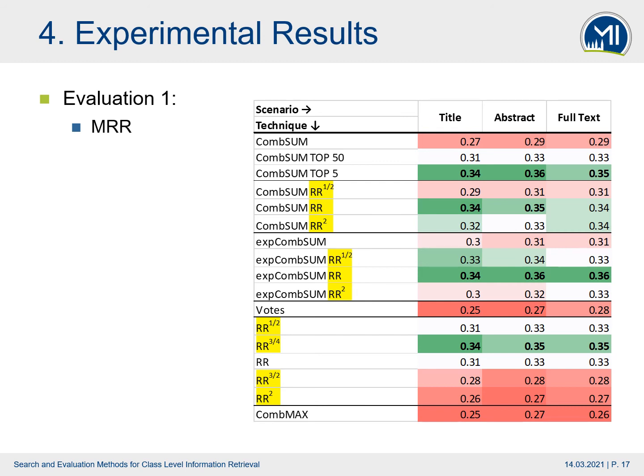Green values indicate good performance, going over white to red values, which stand for poor performance. Techniques emphasizing the first ranked voters yield better results over all scenarios. Our newly proposed techniques, marked in yellow, yield strong competitive results.